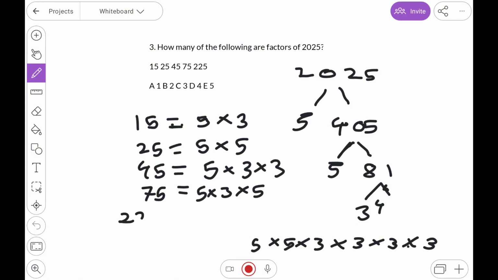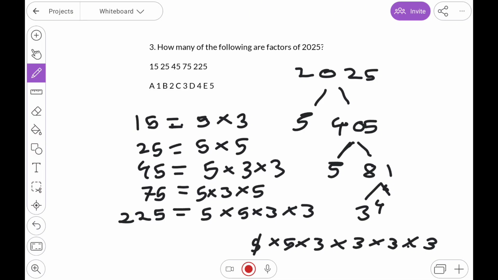The final one that we need to test is 225, which is 5 times 5 times 3 times 3. Oh, that's 5 times 45. Wait, since 45 times 45 is 2025, would that mean 5 times 45 is also a factor?